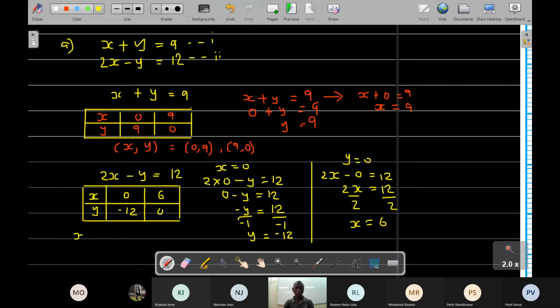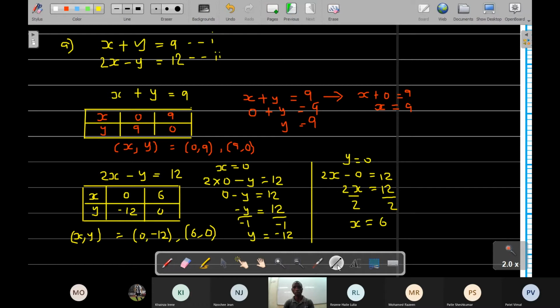The coordinates which we have for this equation should be written in this form. We begin with the value of x, so 0, negative 12. This is the first coordinate. Then the second coordinate is 6, 0: x is 6 when y is 0.